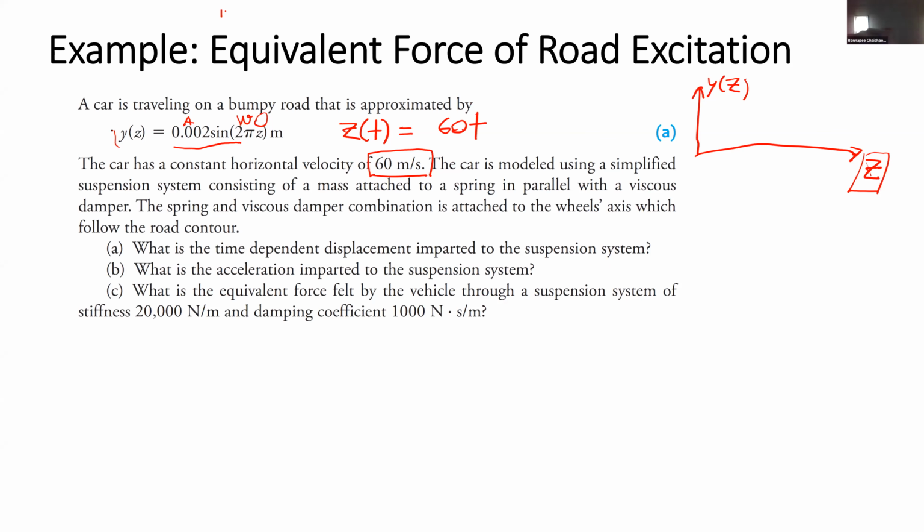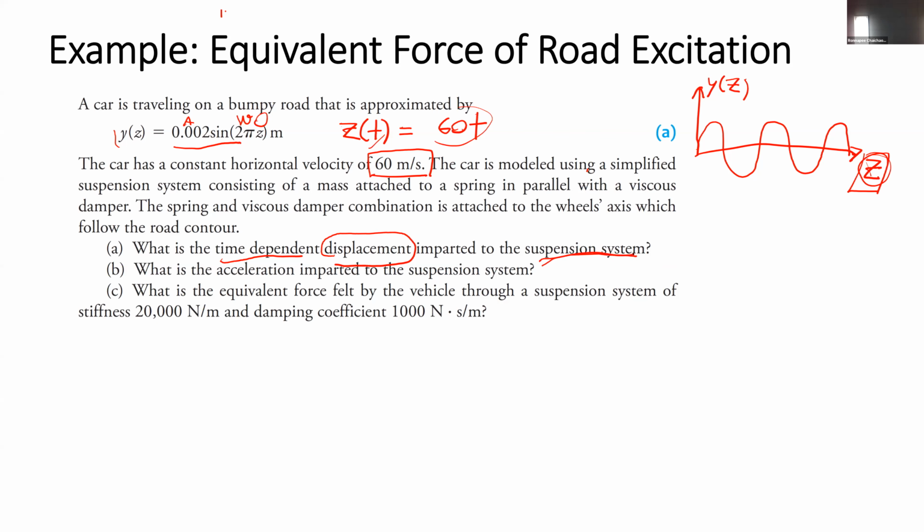And this is the road function. That is a kind of sine function as a function of the displacement, but we know the displacement as a function of time. So what is the time dependent displacement imparted to the suspension system?